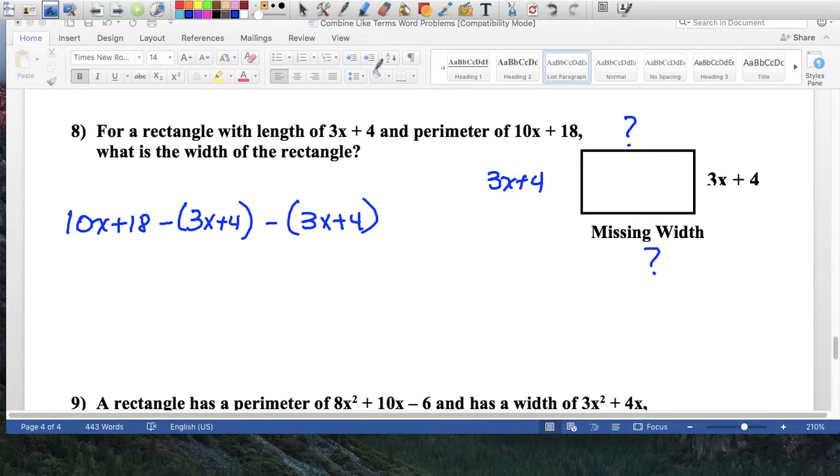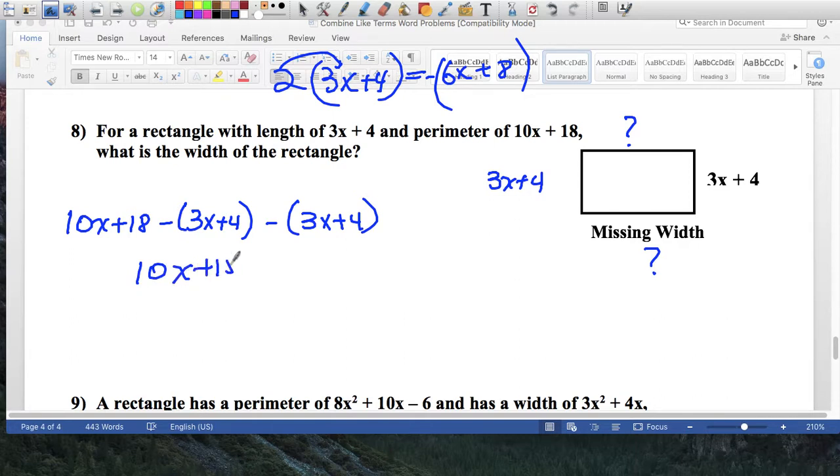But those of you who realized there were 2 and applied that, and got 6x plus 8, you could have also written the expression a little bit shorter and written 10x plus 18 minus that 6x plus 8. In fact, I'll do that. So 10x plus 18 minus 2 times 3x plus 4. Either way, you will get the same result.